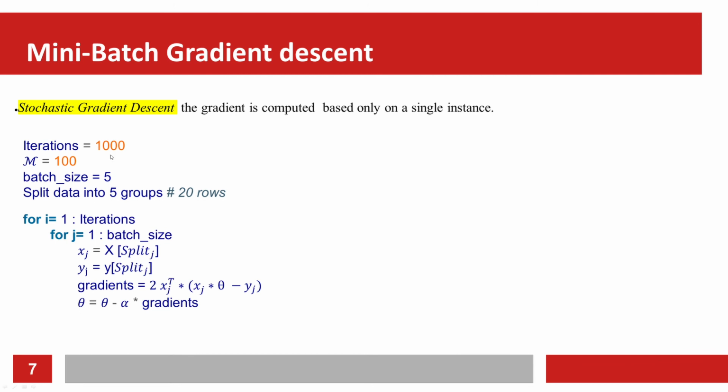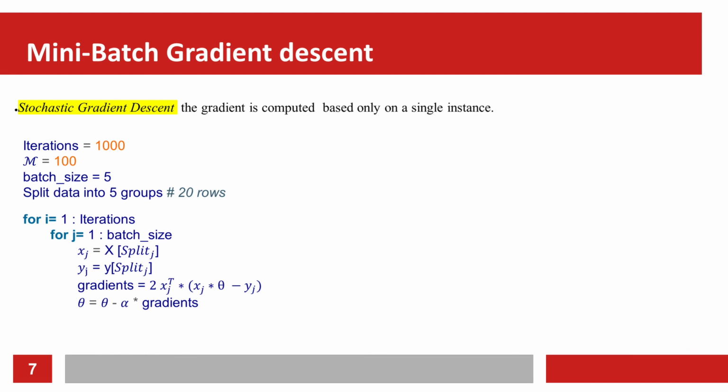So for instance, our data set has 100 rows. The basic idea is to divide these 100 into 5 groups. So in each group we have 20 rows.